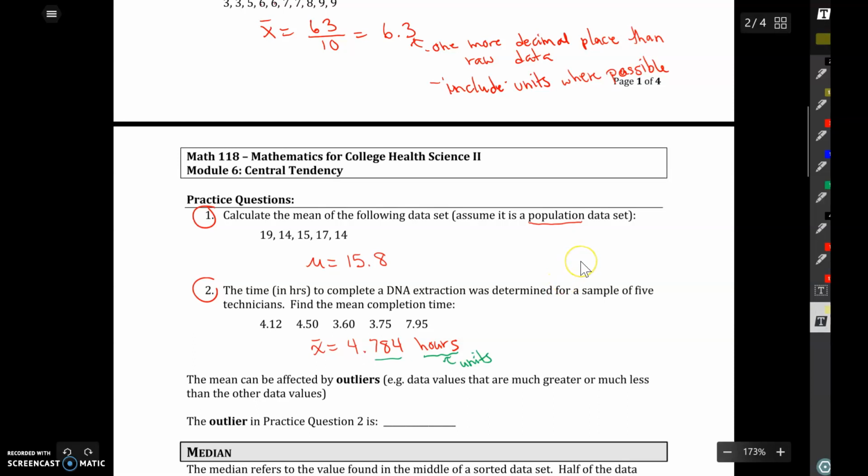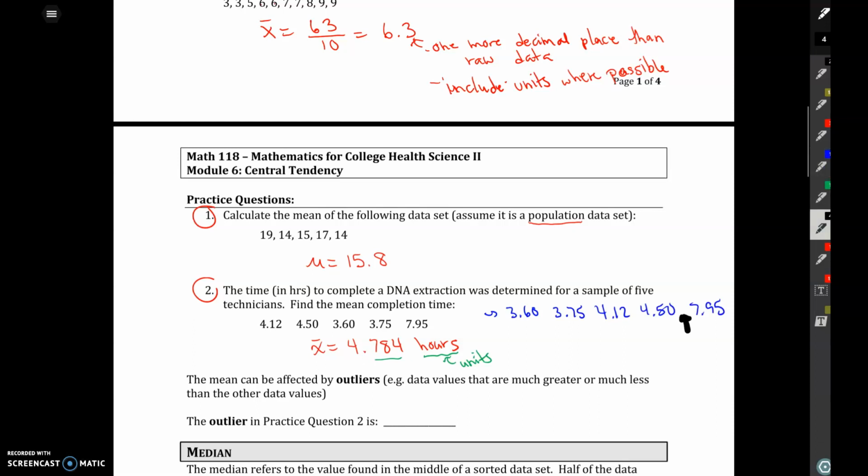If we look at that second example and order the data from lowest to highest before we calculate the mean, we notice that the mean value that was calculated isn't really in the middle of our data set. Instead, it's actually between the 4th and 5th piece of data. The reason is that we have a value that is an outlier in this particular data set.